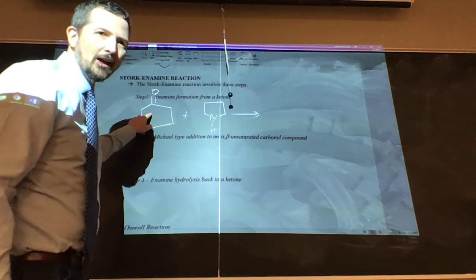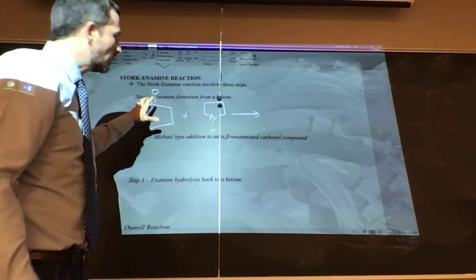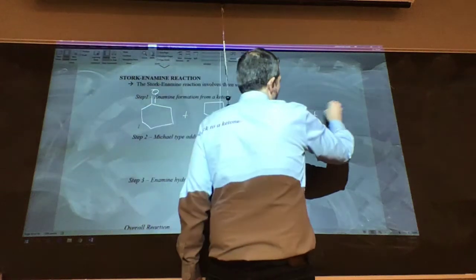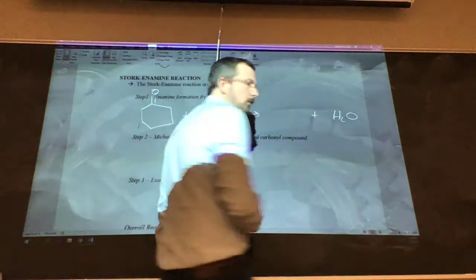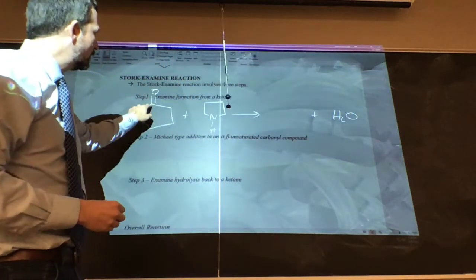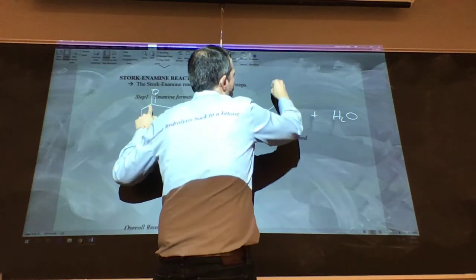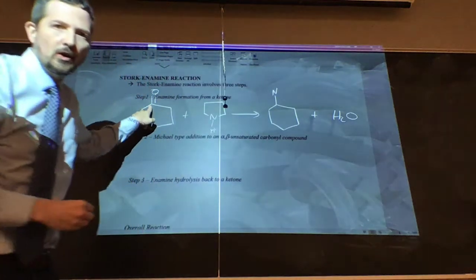We've seen this reaction before when we went over the aldehydes and ketones chapter. Remember, we think about the loss of the water. You have nitrogen reacting with your ketone, so I'm losing water. The nitrogen touches on where the carbon is.